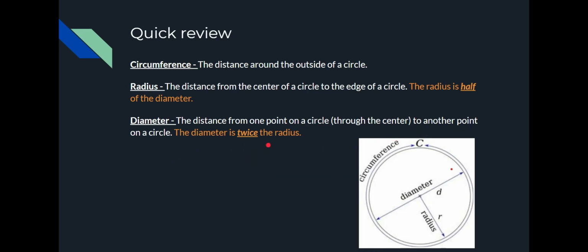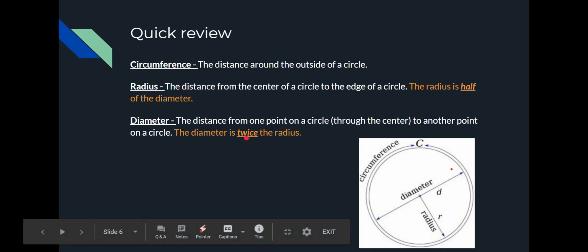And the diameter is twice the radius, okay? As far as the diameter goes, if you take a look at this diagram right here, you will notice that this line is from one point of the circle going through the center to another point.